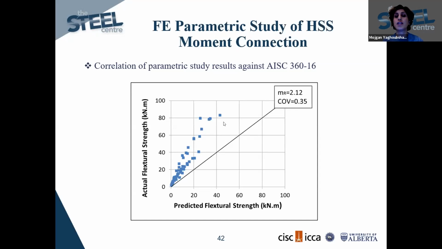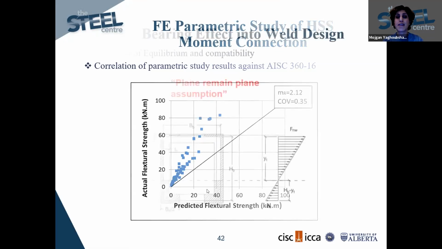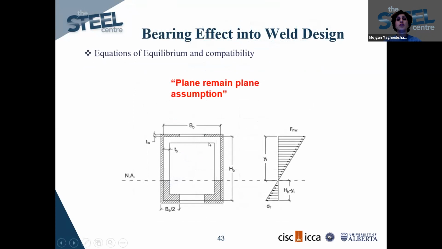Again, a correlation was done between the capacity of those specimens calculated by finite element against the capacity of the connection calculated by the current formula in AISC. And then we tried to figure out a new design recommendation.